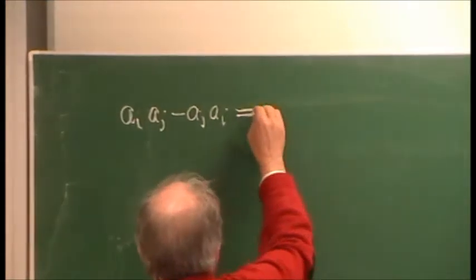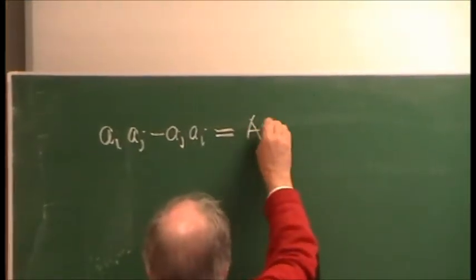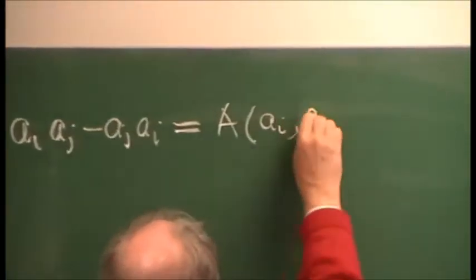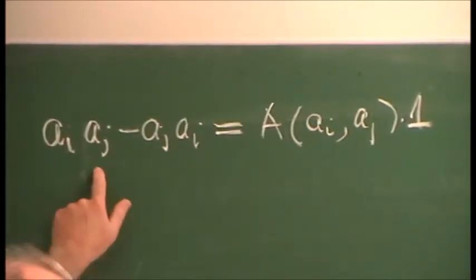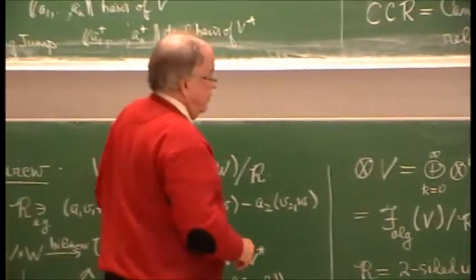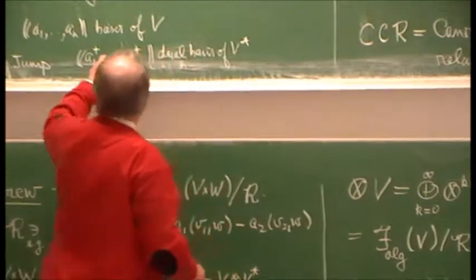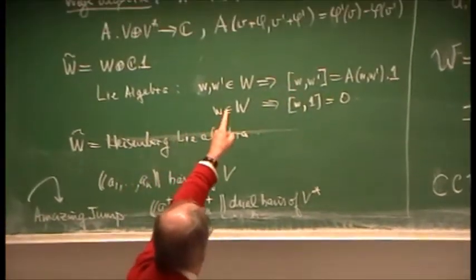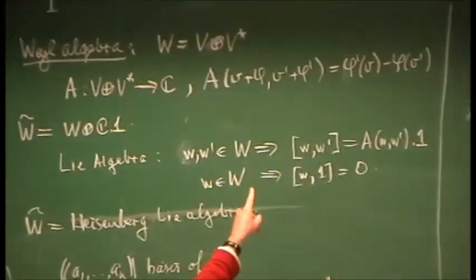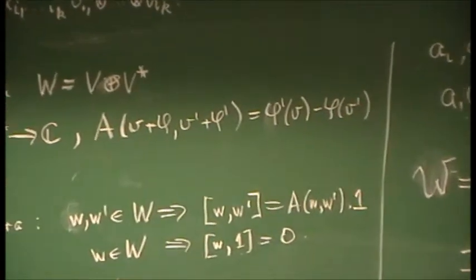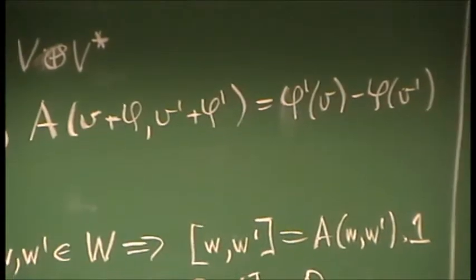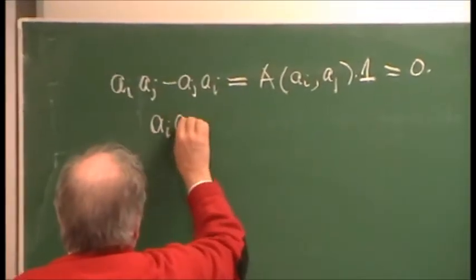So that's equal to a of A_i, A_j times 1. And don't forget, these things are in V. If there's a dagger, they're annihilation operators, which are in V, and if you have something in V, there are no phi's in that definition. It's just V, phi primes, nothing's there, so the answer is 0. So you see that these things commute.